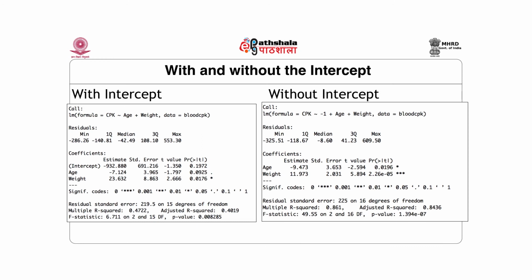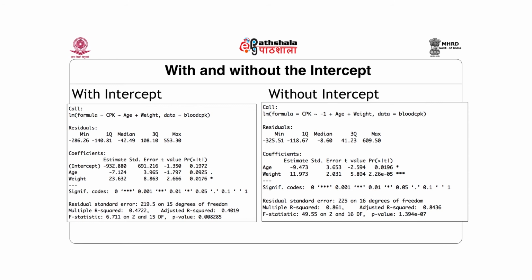But see what happens when the only variables that we consider are age and weight. The age is still negative, but it has increased a little bit in magnitude, to 9.47, and it has now attained statistical significance.